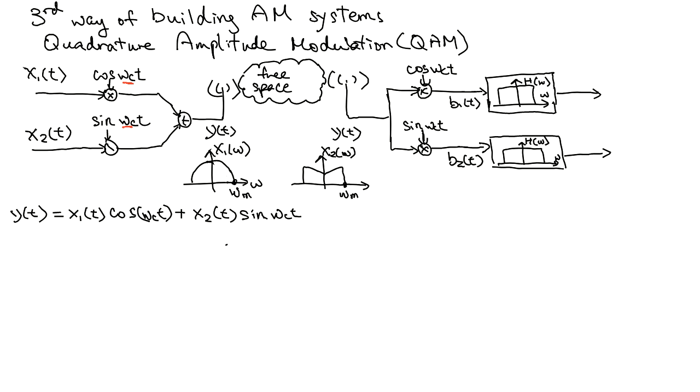So actually y of omega will be, if you look at the equation, half x1 of omega plus omega c, plus half x1 of omega minus omega c, the spectrum of x1 shifted to the left and shifted to the right, and then here is the spectrum of x2.